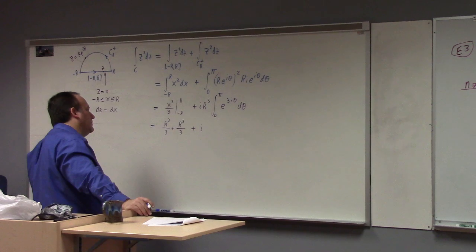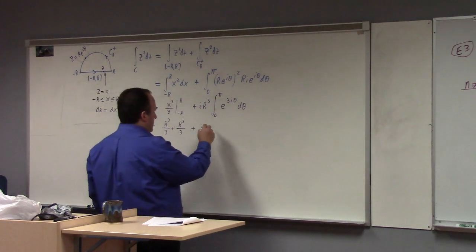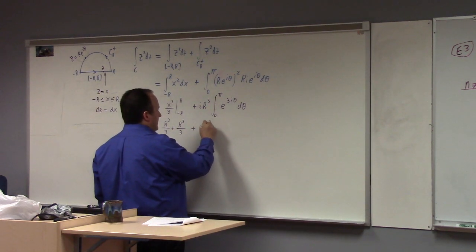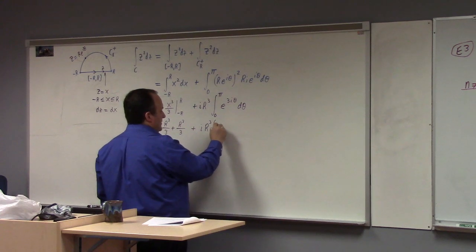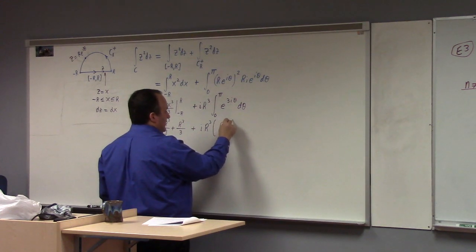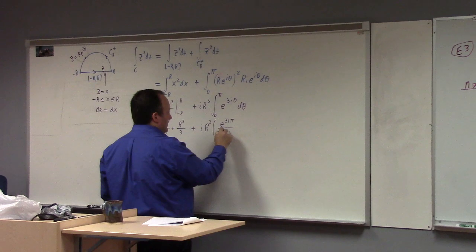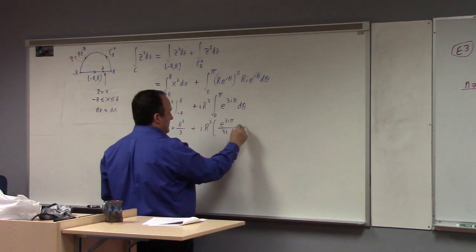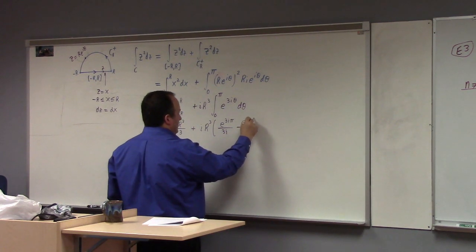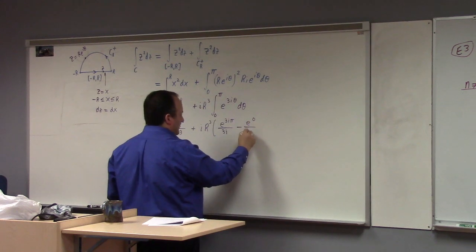Oh, 3i pi would go to negative 1. Yeah, i R cubed, and then we've got e^{3i pi} over 3i minus e^0 over 3i.